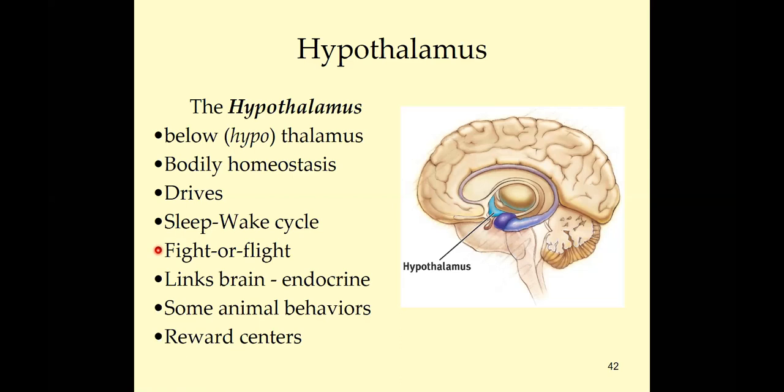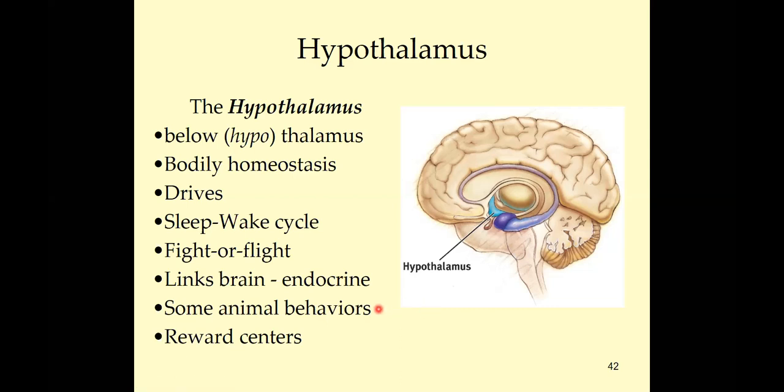So you could say in this sense, it links the brain with the endocrine system. And really, when it comes right back to it, the endocrine system also links back to the brain. So we have a loop. With that fight or flight syndrome, the adrenaline that is produced eventually also affects the functioning of the brain itself. So we actually have a feedback loop here.